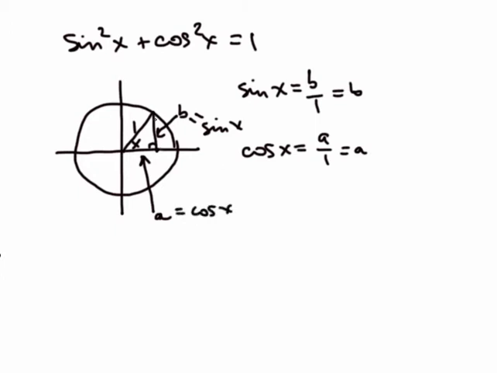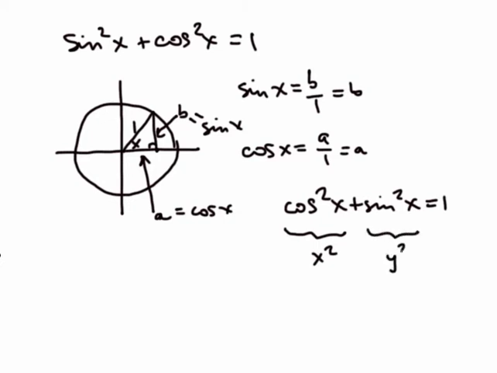So if we simply apply the Pythagorean theorem here, we get that cosine squared plus sine squared equals 1. And this equation should remind you a little bit of something like x squared plus y squared equals 1. This is the formula for a circle, which is why trig functions are related to the unit circle.